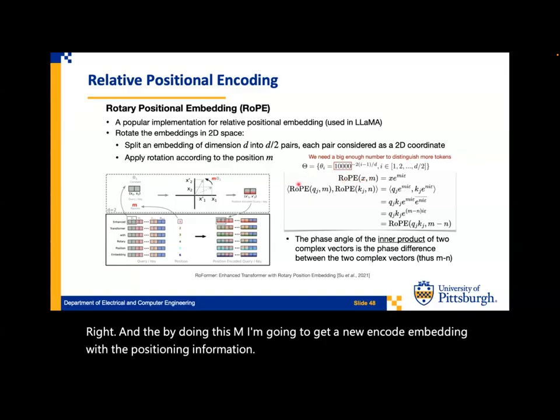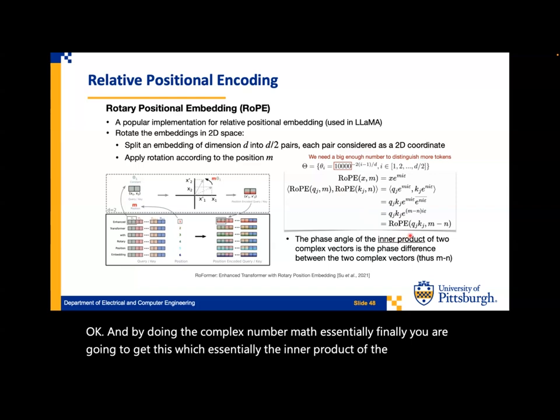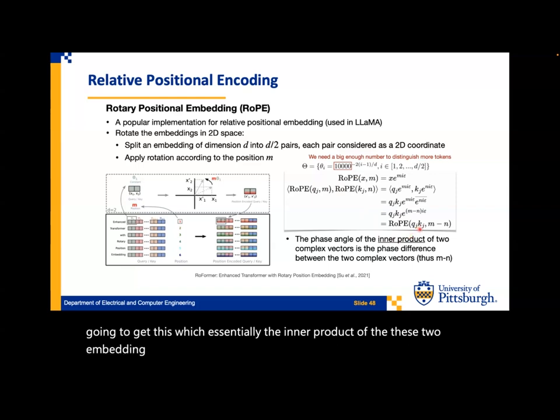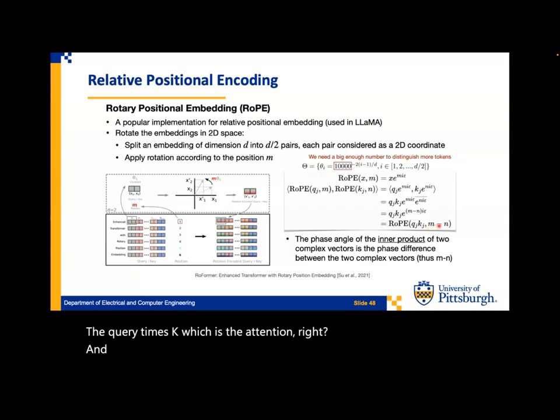When I take the inner product of two such embeddings, by the complex number math you finally get the query times k, which is the attention, rotated by m minus n degrees.